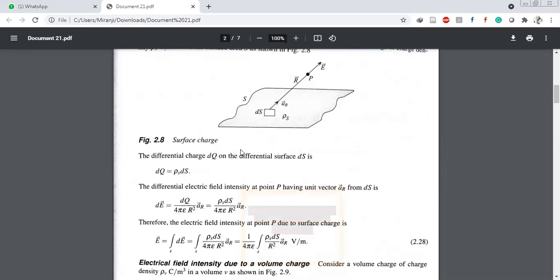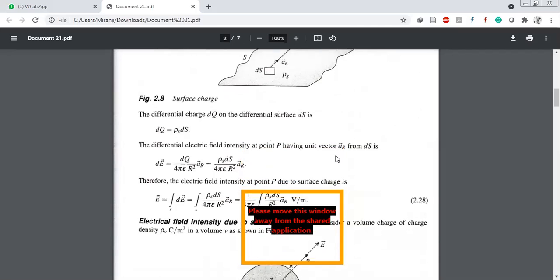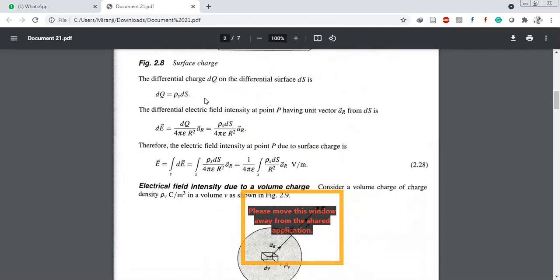Because of the charge density in that surface area, the resultant electric field strength at a distance r, at the point P, is dE. See here, the differential charge dq on the differential surface area ds is dq equal to rho s ds. The electric field intensity at point P having a unit vector direction along r from ds is again the same formula, E equal to q by r square.